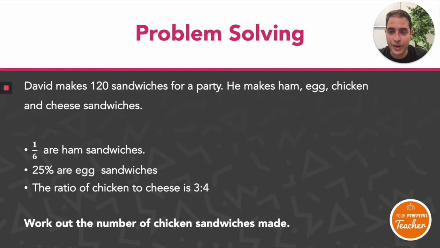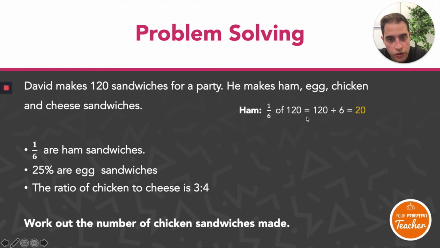But what's the data that we have? We have the total value, 120 sandwiches. We know that 1/6 are ham sandwiches, 25% are egg sandwiches, and the ratio of chicken to cheese is 3:4. So let's work this out. We'll start with ham. 1/6 of 120.